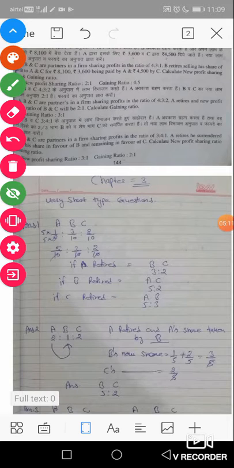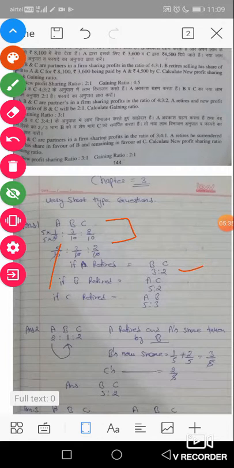Again, A, B, C are three partners with 1 upon 2, 3 upon 10, 2 upon 10. The denominators will be the same, so 1 upon 2 multiplied by 5 gives 5 upon 10, 3 upon 10, 2 upon 10, and the 10s cancel. If A retires, cancel A, so the ratio of B and C, 3:2, is the new ratio.